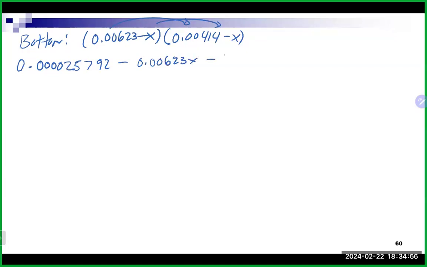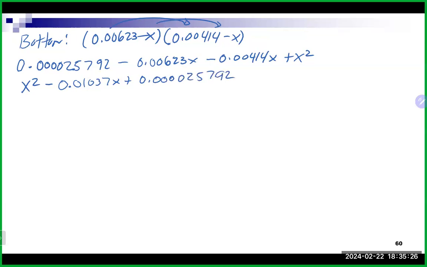Once again, here I'm going to combine the two x's to give me one equation for the bottom, which will look like this: x squared minus 0.01037x plus 0.000025792. Any questions on that there?